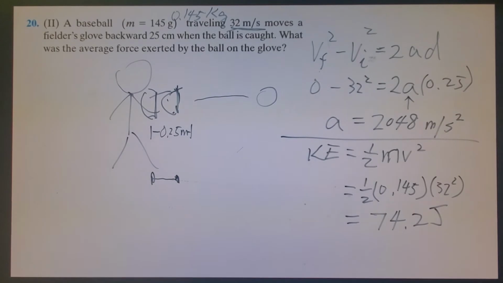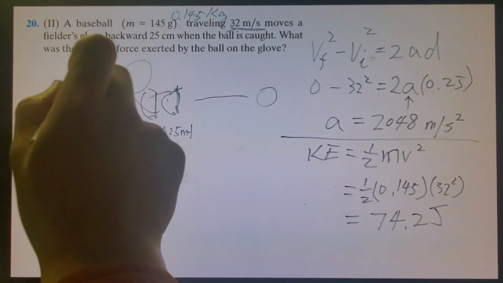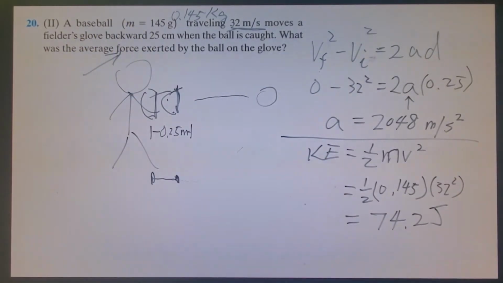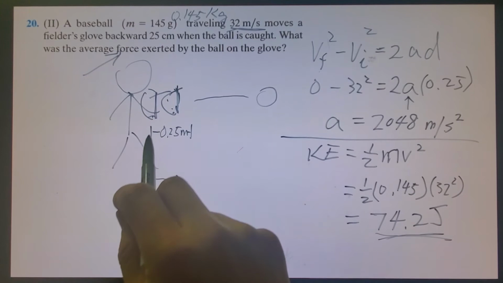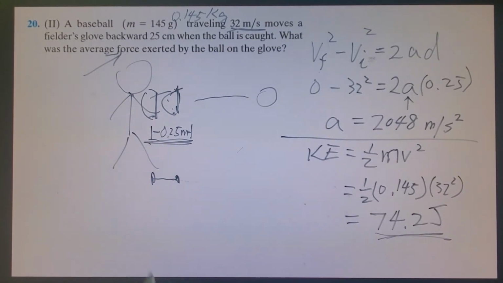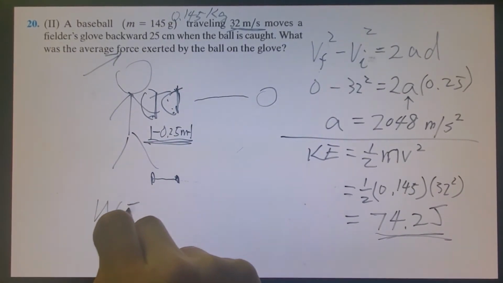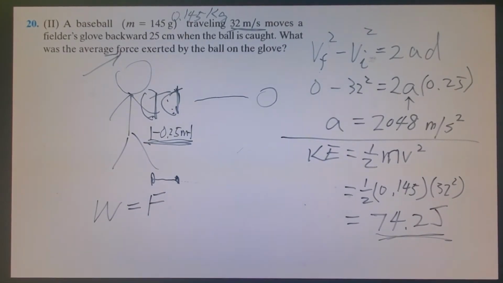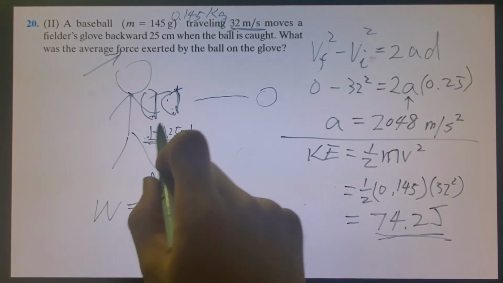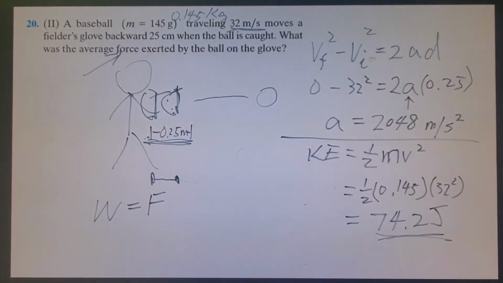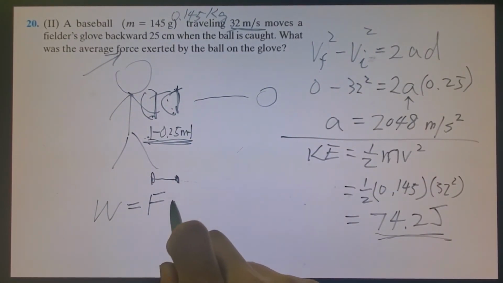Okay. All right, so what are we looking for? We are looking for the average force. This is the energy, the average force in order to stop from here to here with this distance. So work is equal to force, because the force is kind of a constant here, force times distance.